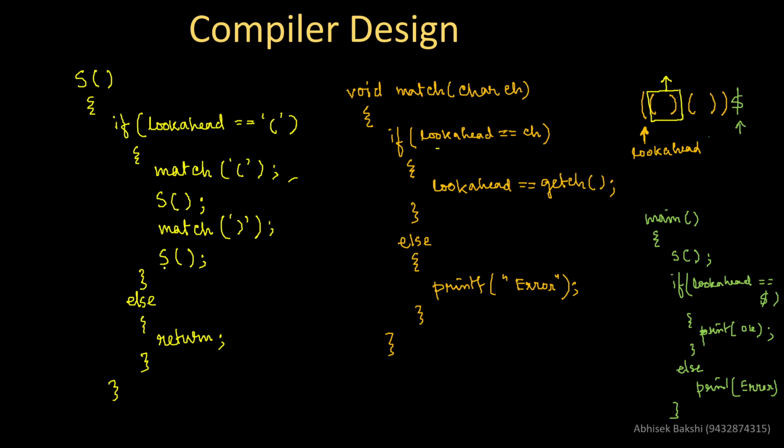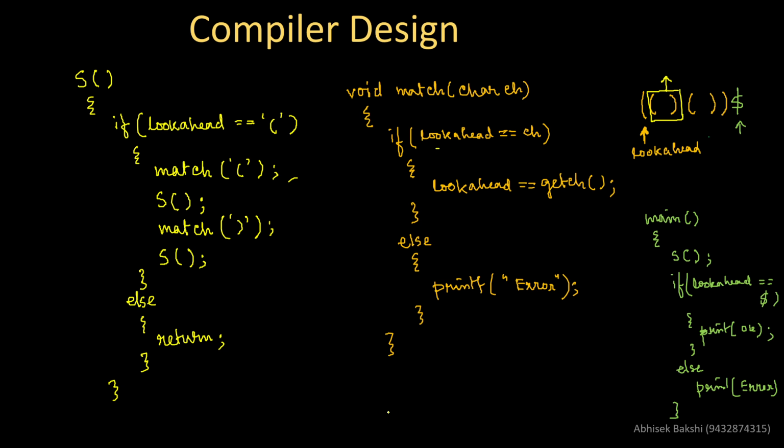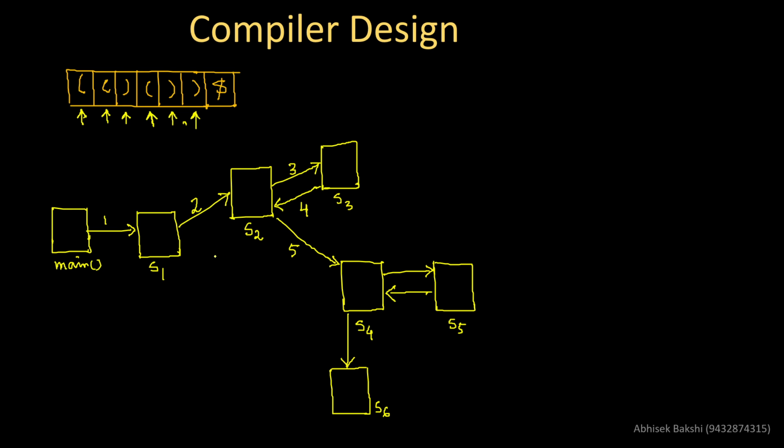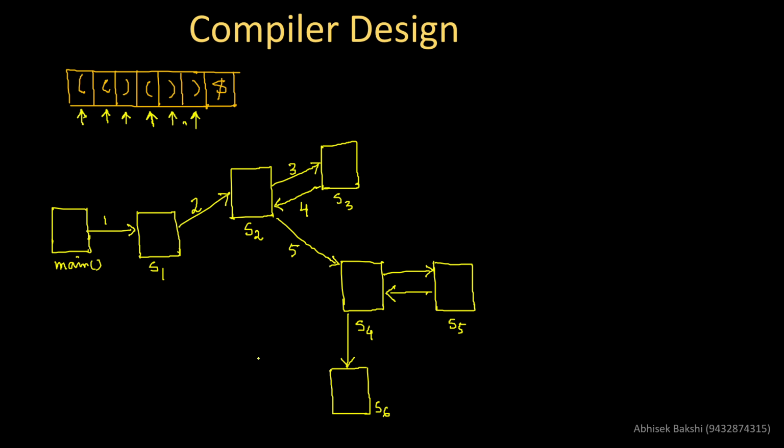So from S4 again another function will be called, that is S6, right? And this S6, with respect to S6, you see it is pointing to a closing brace, so there is nothing, again lookahead will be false and it will return. That means S6 will now return over here.